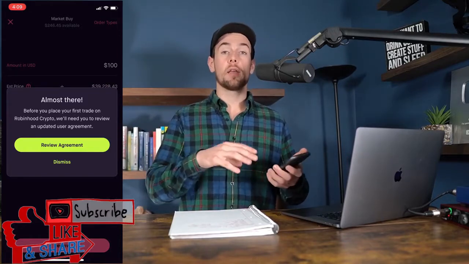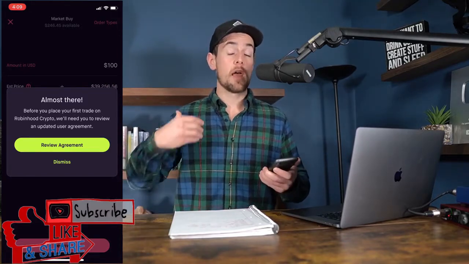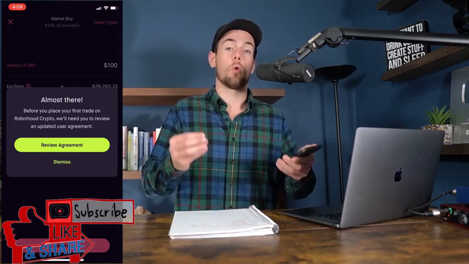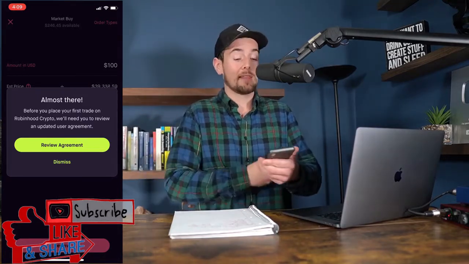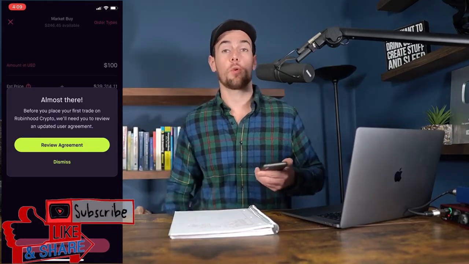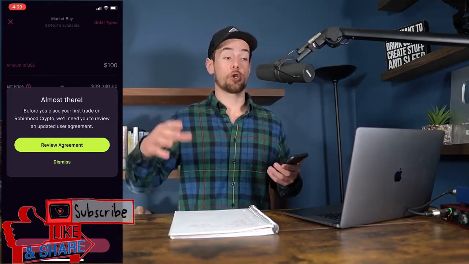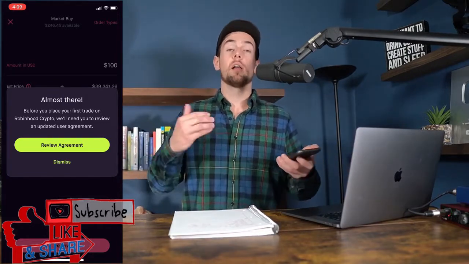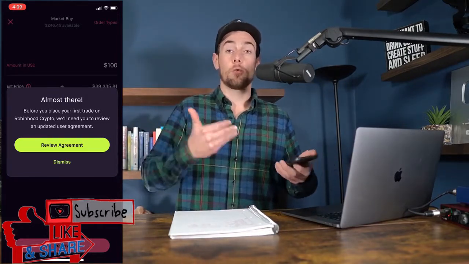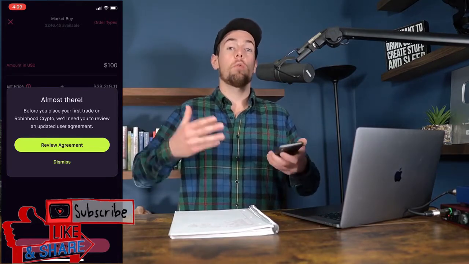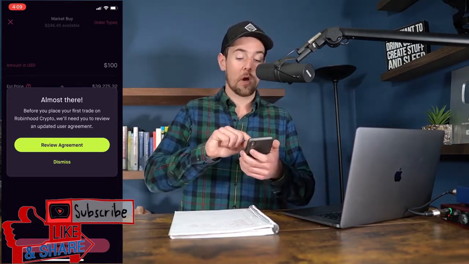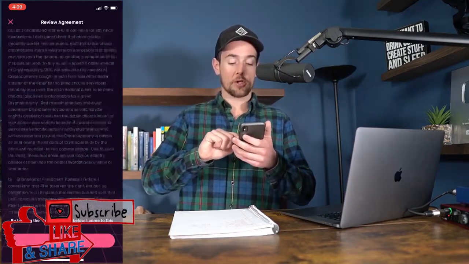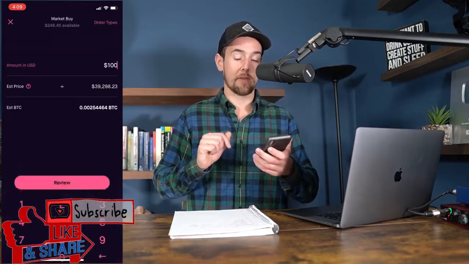So Robinhood does have a private insurance policy, and they also store the majority of the cryptocurrencies offline in cold wallets. However, in the event that there was theft of cryptocurrency from this exchange and that insurance policy was fully exhausted, you are potentially running the risk of losing the money you have invested in cryptocurrency since there is no federal insurance. So that's why we have to review this agreement and accept it before we are able to actually purchase cryptocurrency on the app.